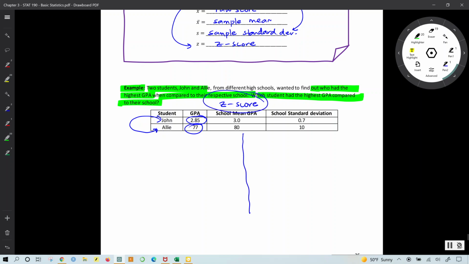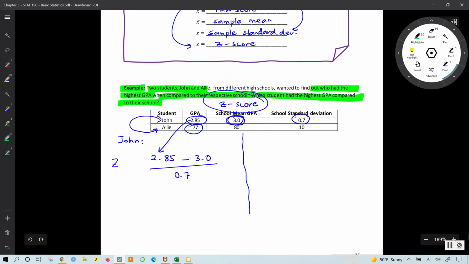We use the z-score. For John, his raw score of 2.85 minus the average in his own school, 3.0, divided by the standard deviation of 0.7 gives his z-score, which is negative 0.2143. Whereas in Ali's school, Ali scored 77.